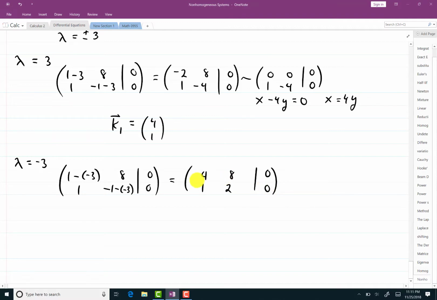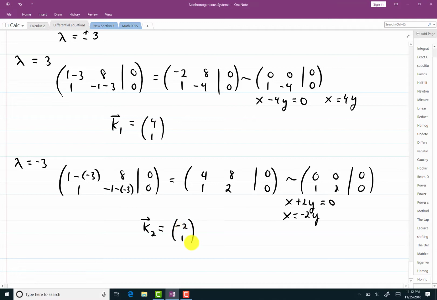And hopefully you can see -4 times the second row plus the first wipes it out. 0, 0, 0, 1, 2, 0. X plus 2y equals 0. And I guess I'll do x equals -2y. And I will allow y to equal 1. Y equals 1, x will be -2.